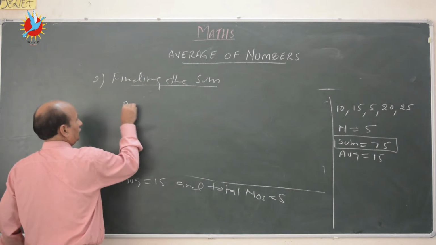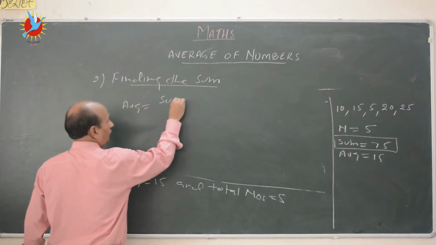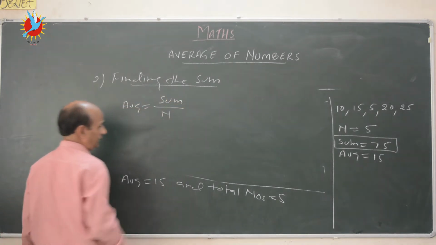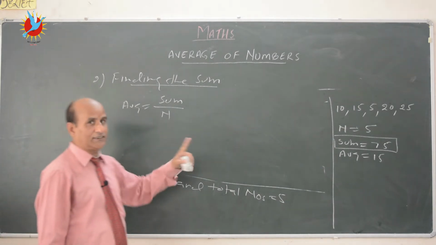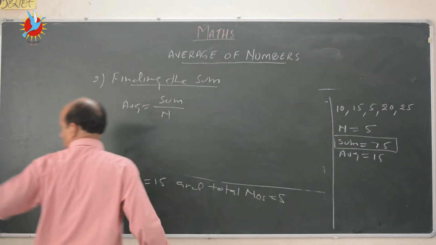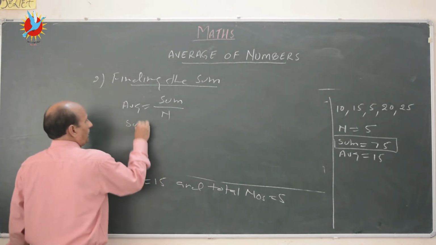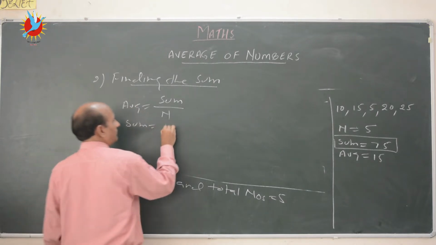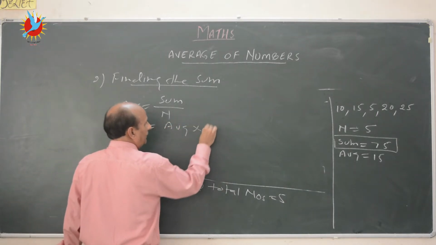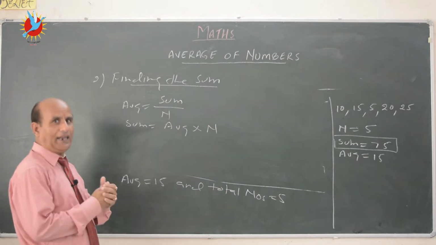So let us use the formula average is equal to sum divided by n. What you have to find? You have to find the value of sum. So sum is equal to average multiplied by the value of n.